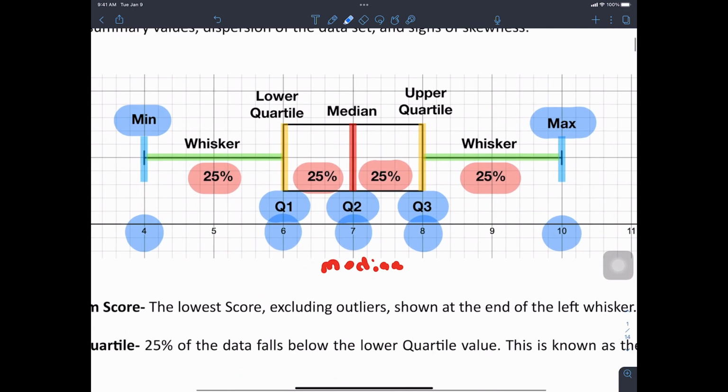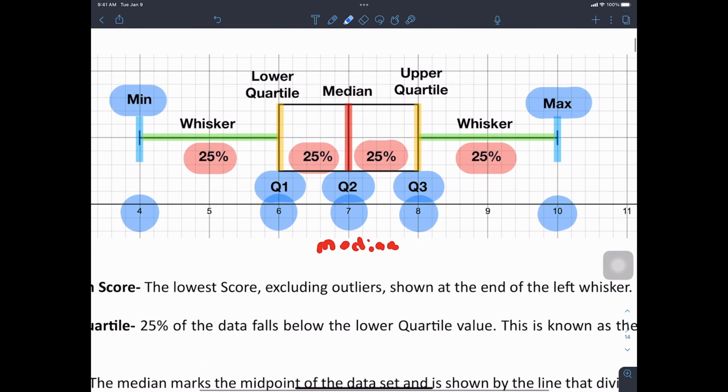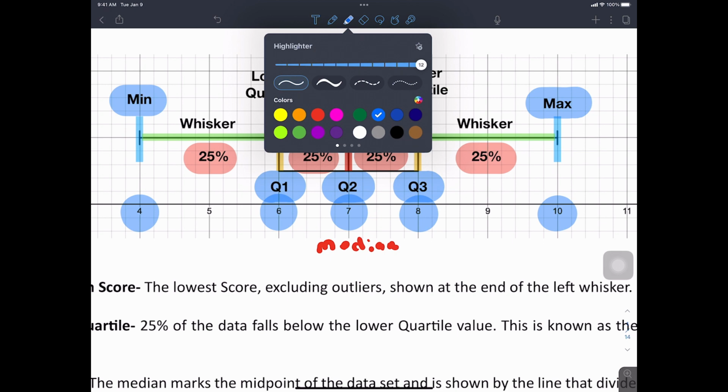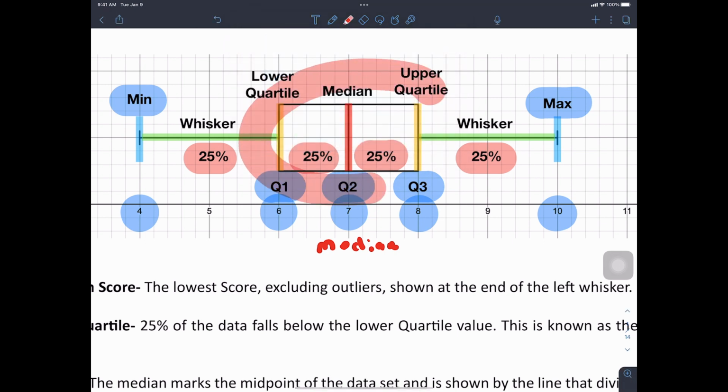So what you guys are seeing here is a 5-number summary, and it's really a description of your distribution here. Because you call this thing a box plot. Where is the box? The boxes are here.